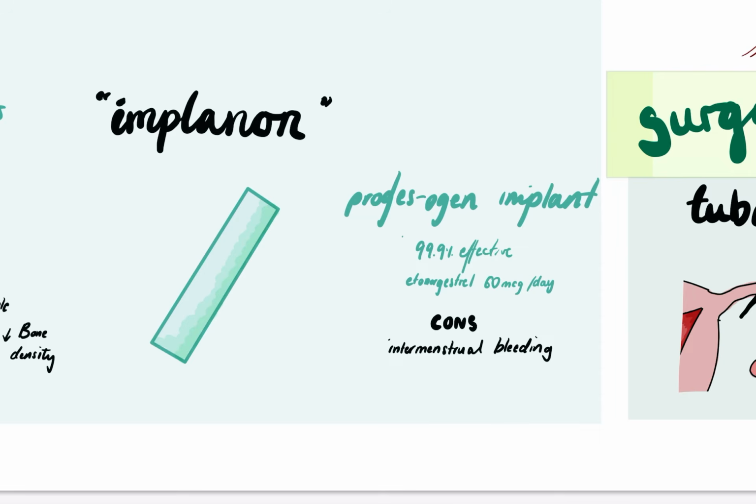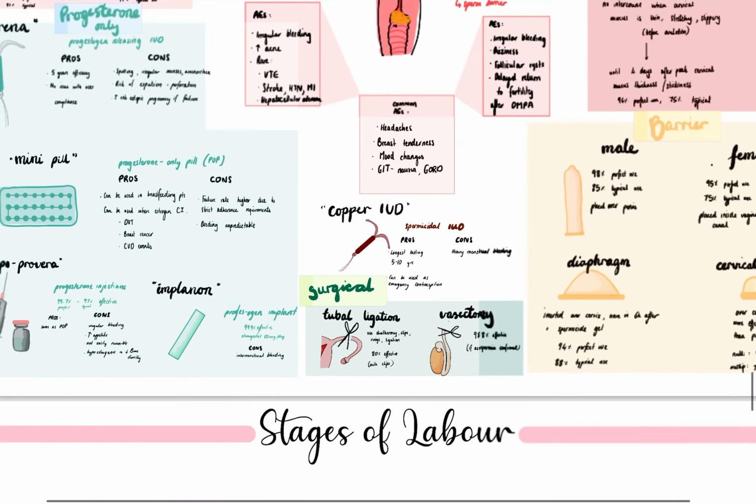And this lasts around 3 years. However, the main con of the Implanon is that a lot of people will complain about intermenstrual bleeding, constant spotting, that isn't really cyclical at all. So it's not as popular as the Mirena for that reason.